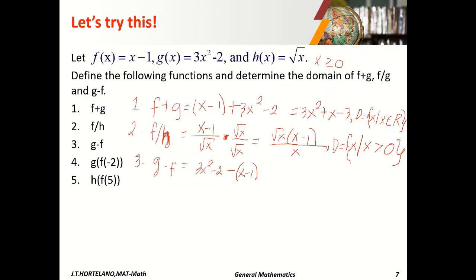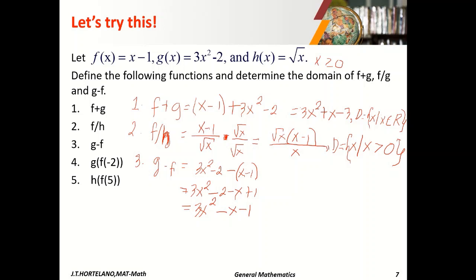Para pag nag-distribute tayo, kasama dun yung sign. Okay, yan lagi yung tatandaan. Now, this is 3x squared minus 2 minus x, negative 1 times negative 1 is positive 1. Now, simplify. This is 3x squared minus x minus 1. Okay?